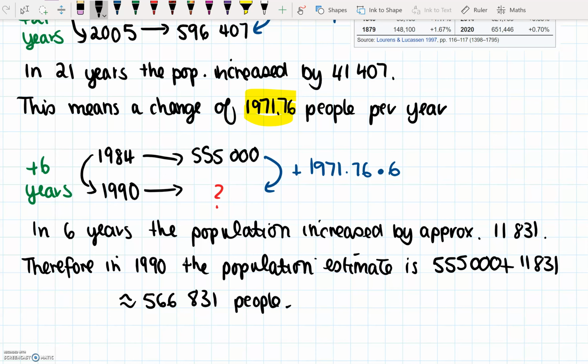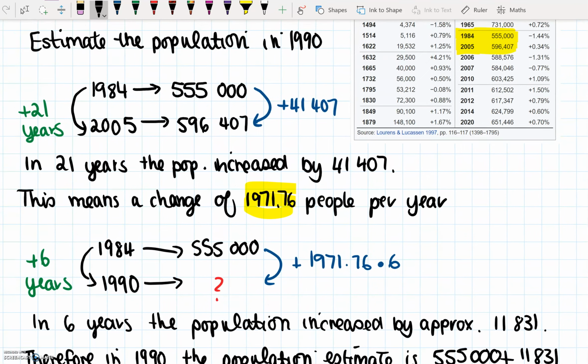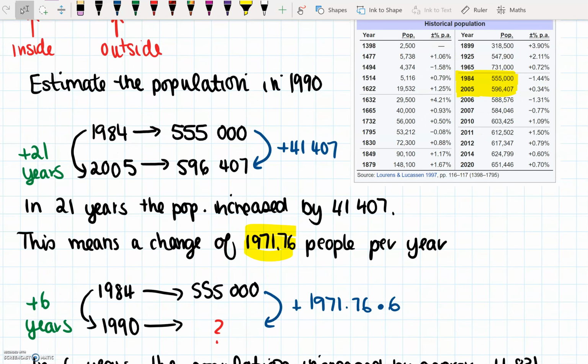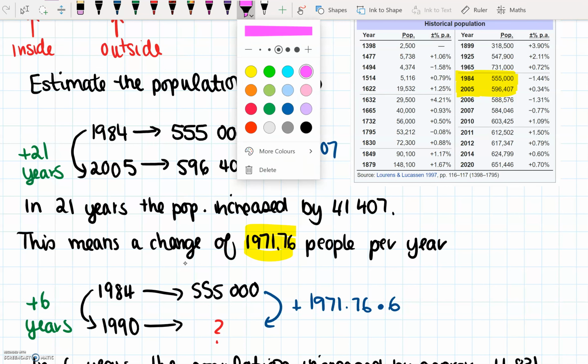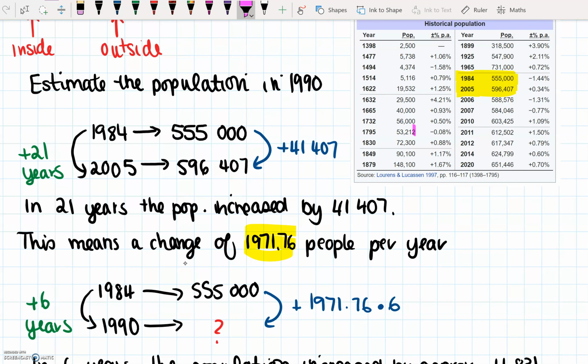Okay, so this is what we are estimating the population would have been in 1990. This is interpolation because this was inside the table. And as I said, it's really important that you use the two values either side. So if we wanted to know, for example, the population in 1800, we must use these two values to work that out.